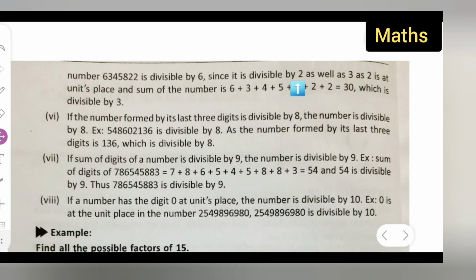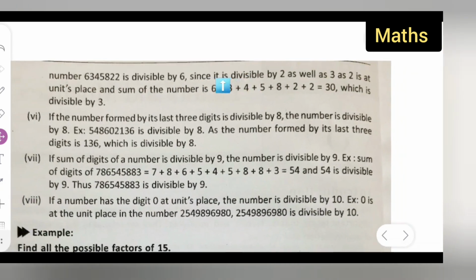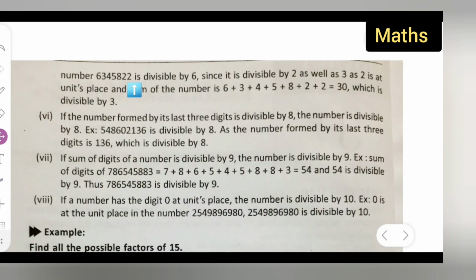Why is it divisible by 2? Because the last digit is 2, an even number, right? So it is divisible by 2, and it is also divisible by 3. You first add these digits, and whatever answer you get, you divide it by 3 and see if it divides.